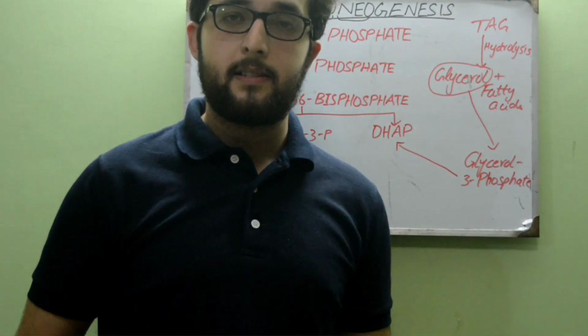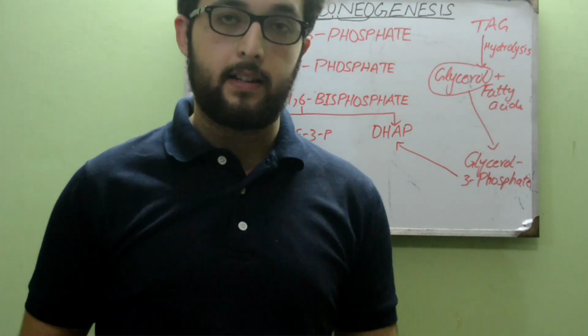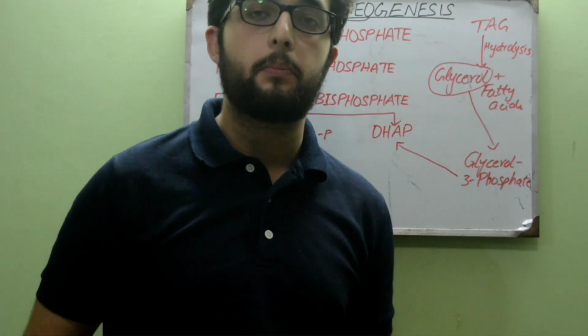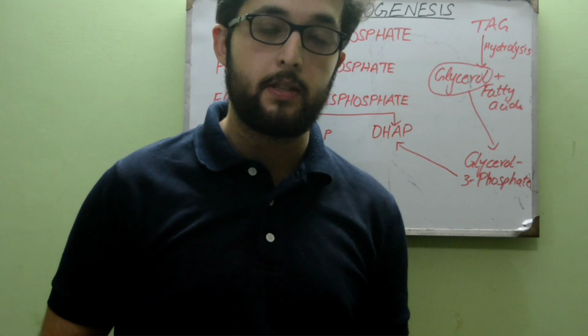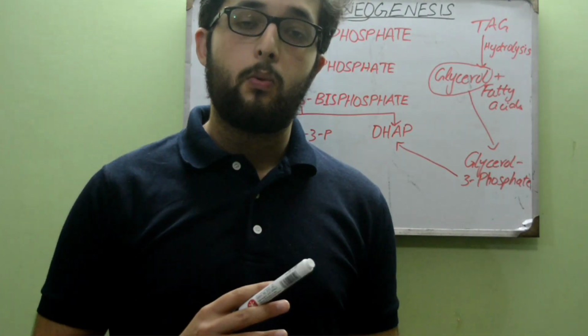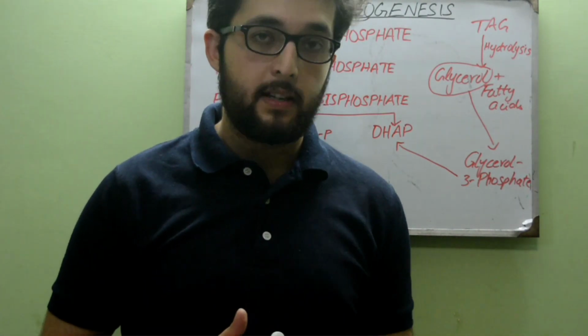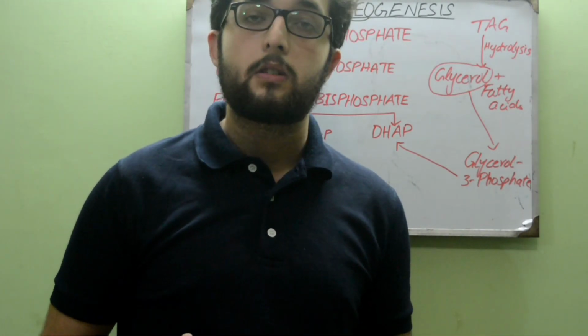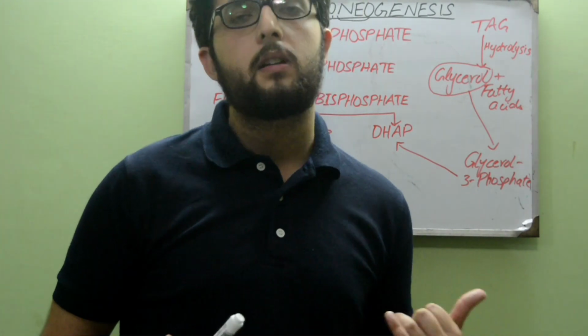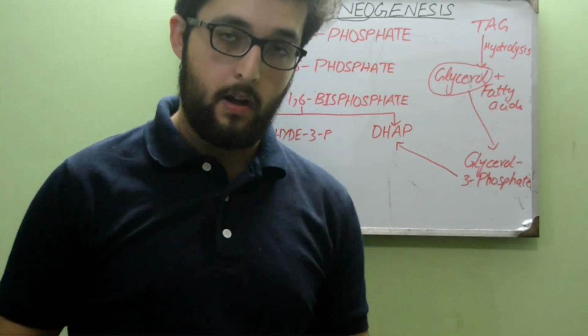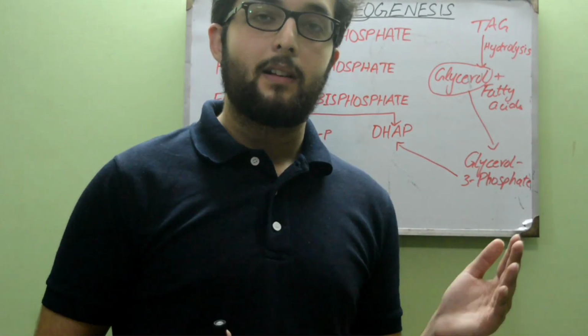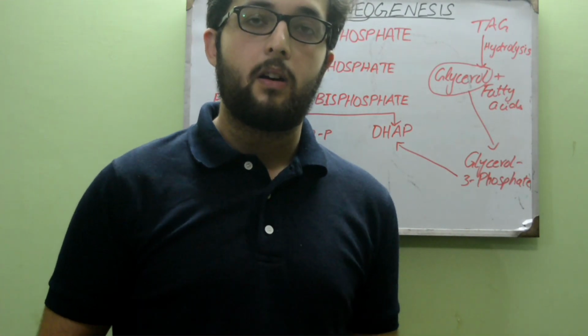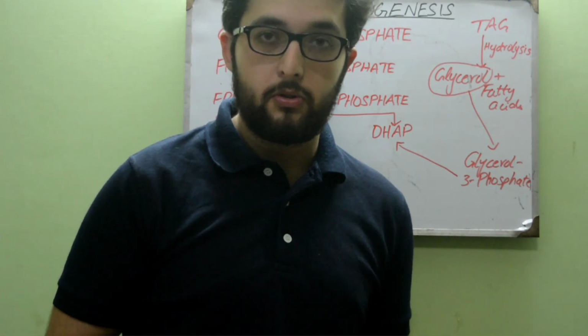Okay, so another candidate for gluconeogenesis is lactate, which is constantly being produced under anaerobic conditions. That lactate, via a cycle known as the lactic acid cycle, also called the Cori cycle, enters the liver where it is oxidized to pyruvate and then ultimately yields glucose, and we'll learn how. So what happens is that lactate only forms under anaerobic conditions, right?